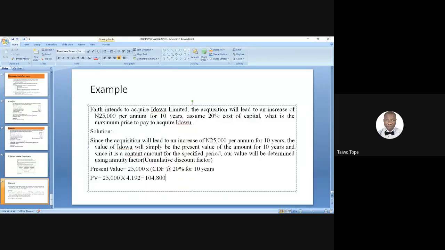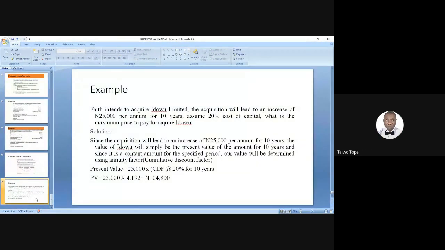So if you are now asked to interpret this, because beyond knowing the computation, you should be able to interpret. What is the meaning of this now? Let me try and interpret this.